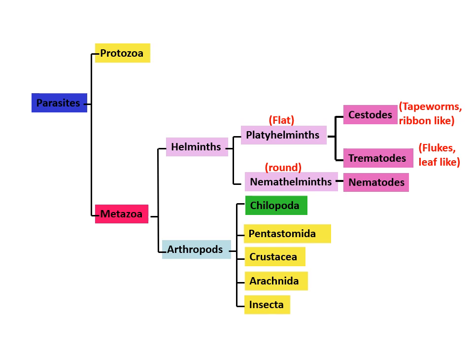The focus of my lecture today will be about helminthes, which are divided into platyhelminthes or flatworms and nemathelminthes or roundworms. The platyhelminthes can also be divided into cestodes, which are tapeworms or ribbon-like worms, and trematodes, which are flukes or leaf-like worms. The nematodes are the roundworms having a cylindrical and symmetrical body.